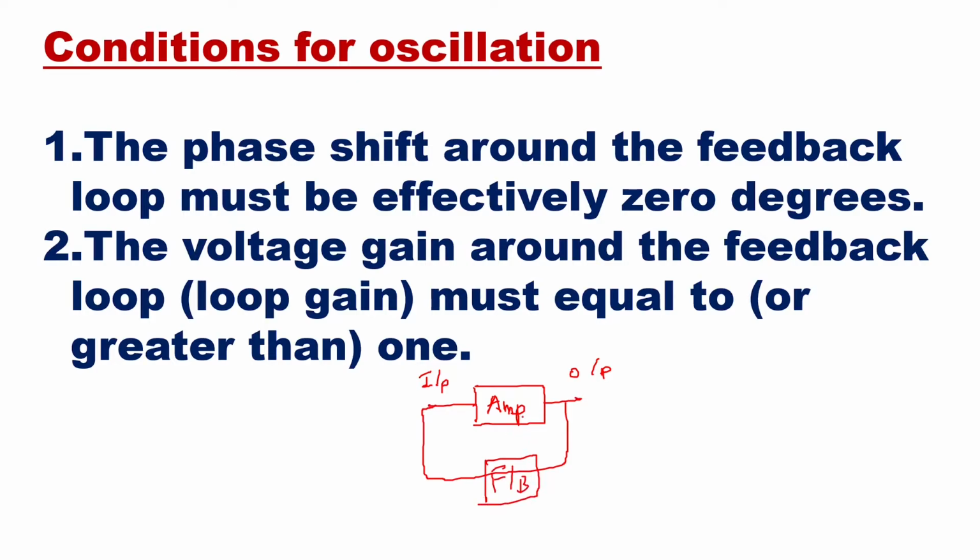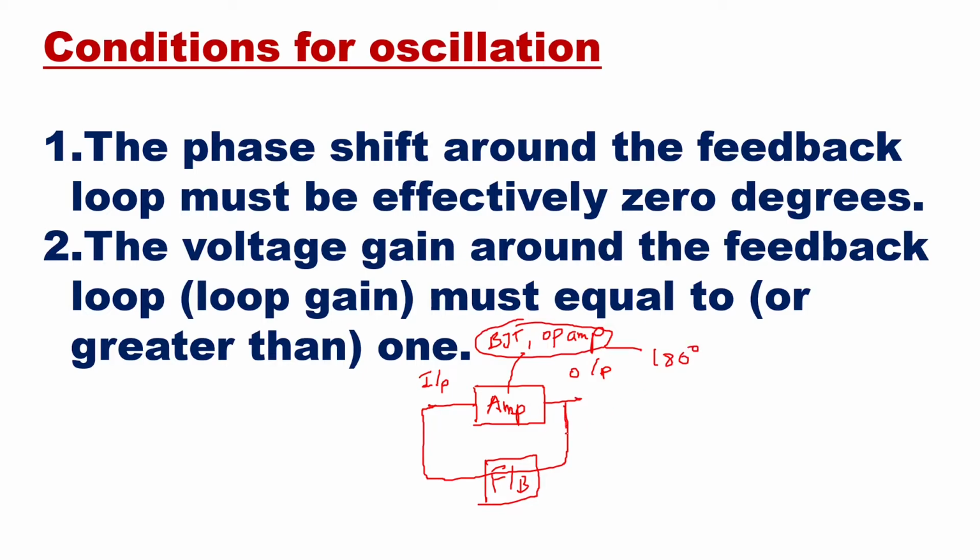Now in place of this amplifier stage, you can use active devices like BJT, or you can use an op-amp, that is operational amplifier, and these devices will produce a phase shift of 180 degrees.